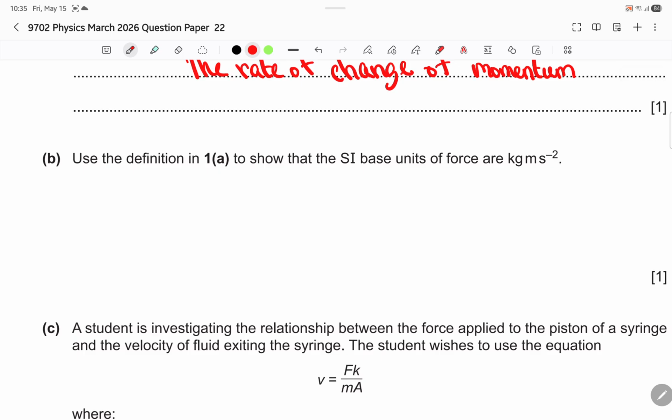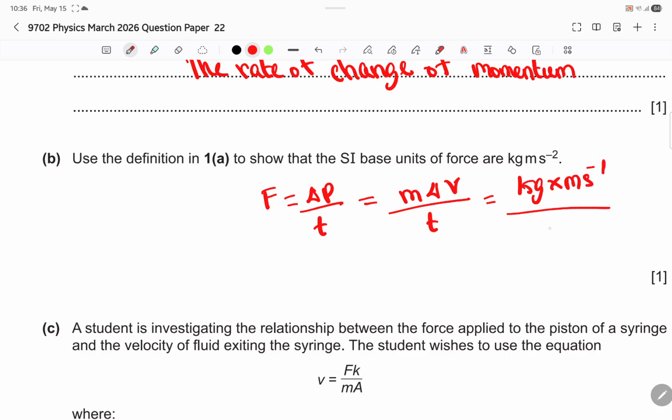Rate of change of momentum basically means this, which means mass times velocity divided by time, which is s.